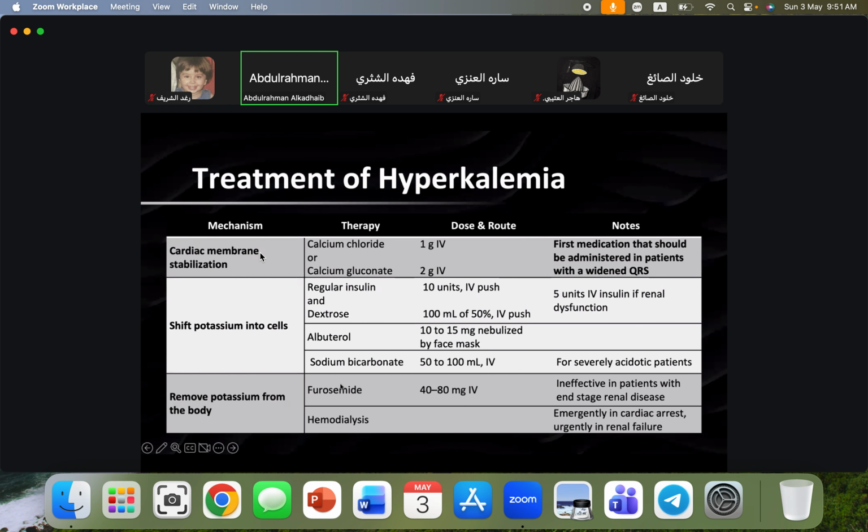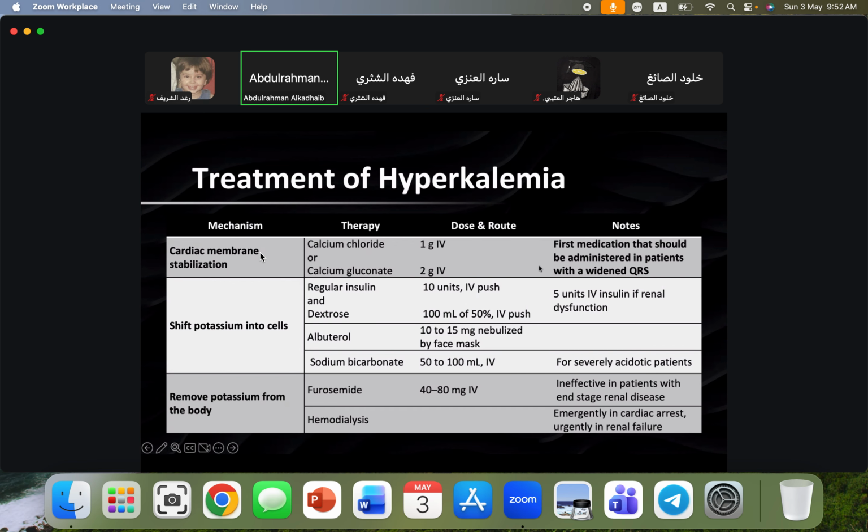Okay, so we'll talk about the treatment of hyperkalemia. So as we said, the ECG is the most important workup on those patients, because once we see some ECG changes, we immediately start the treatment for hyperkalemia, even without waiting for the potassium level. And usually we start the treatment in those patients with a class of medication called cardiac membrane stabilizers, and they include calcium chloride or calcium gluconate.